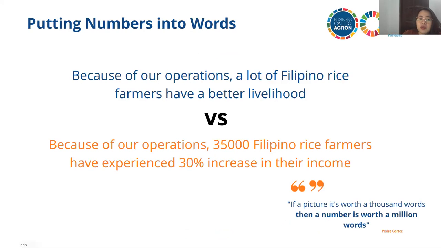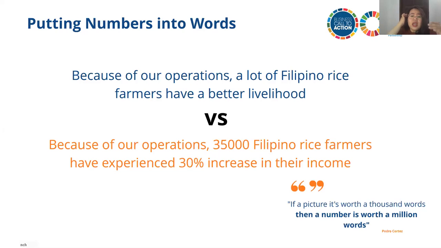So instead of saying because of our operations, a lot of Filipino rice farmers have a better livelihood, you say because of our operations, 35,000 Filipino rice farmers have experienced a 30% increase in their income. That is not exactly the correct way, but the most effective way to make your pitch more effective.